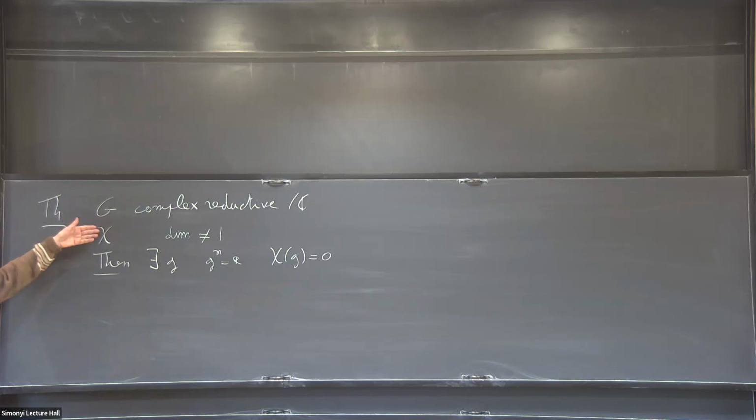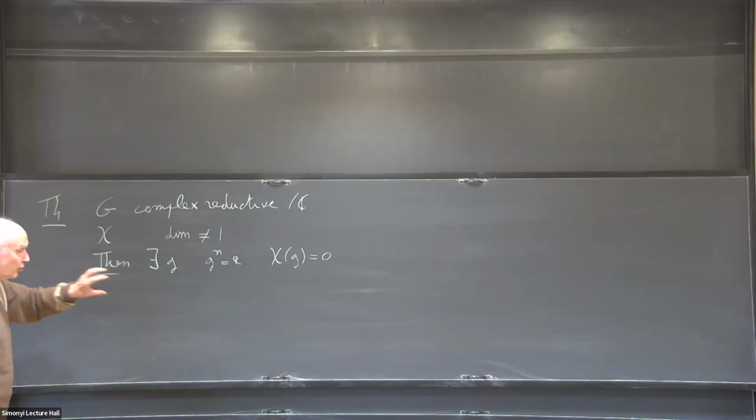And essentially, to go from complex reductive to compact, it's the Weyl unitary trick: you have a maximal compact subgroup, and everything happens for the maximal compact subgroup. Ordinary representations of the compact subgroup are essentially the same thing as representations of the complex group.